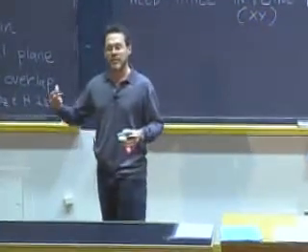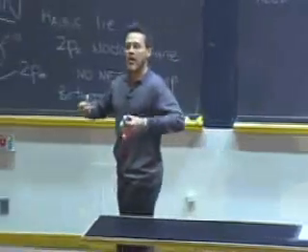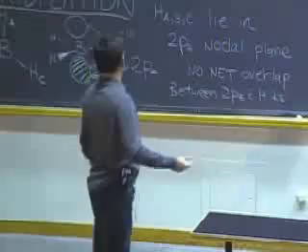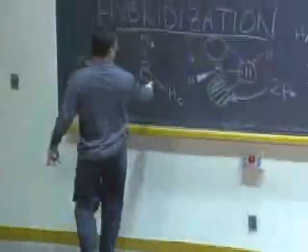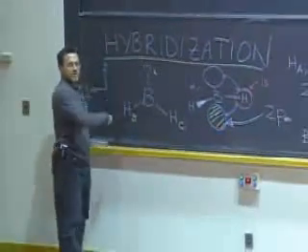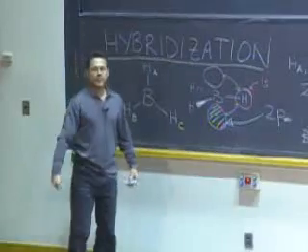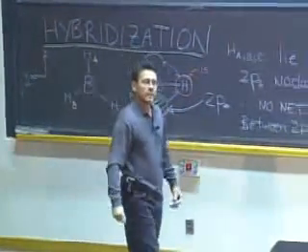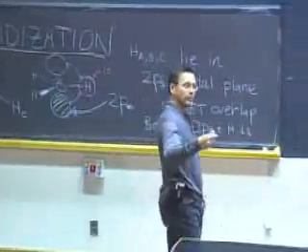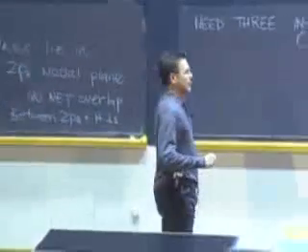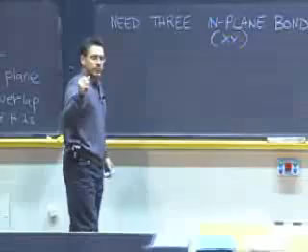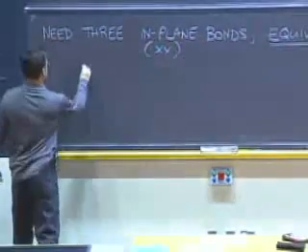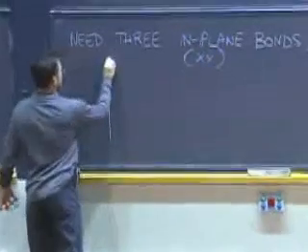Yet we need to make three identical bonds because all of the studies that we do on the BH3 molecule tell us that each of these bonds are the same length. The molecule has the perfect symmetry of a Mercedes-Benz symbol. It's trigonal planar. It has this threefold rotational symmetry to it. And so somehow using a 2s, a 2px, and a 2py, we need to make three equivalent bonds.